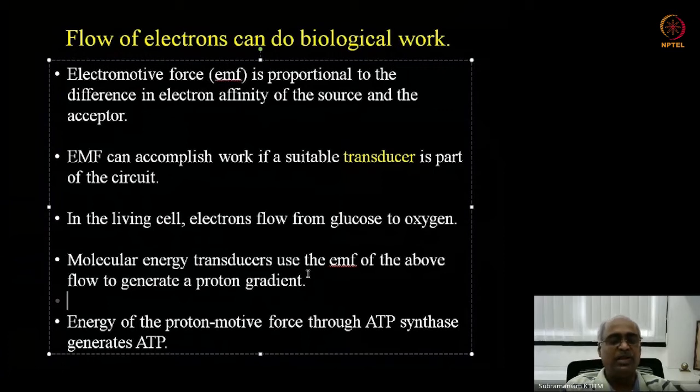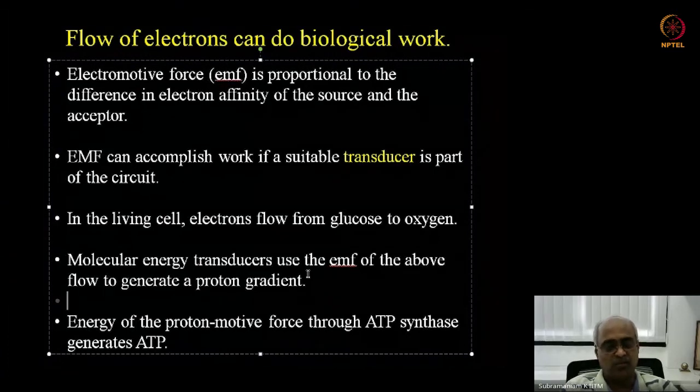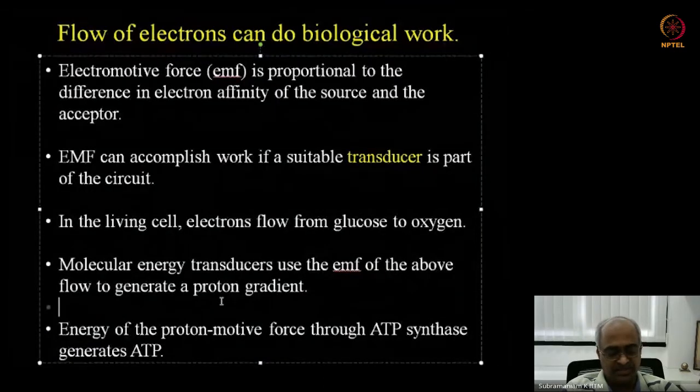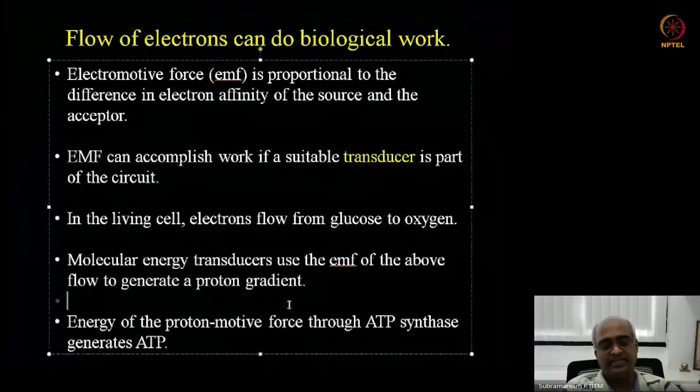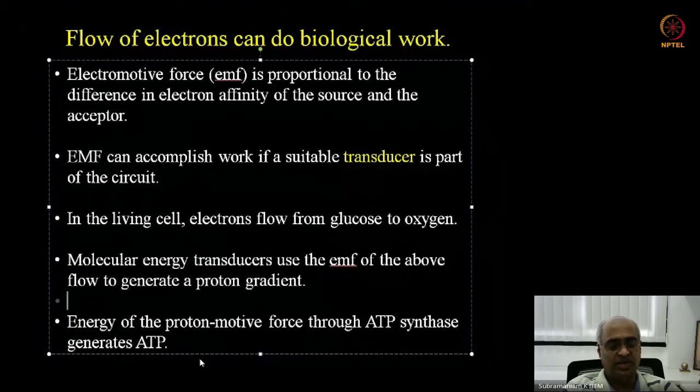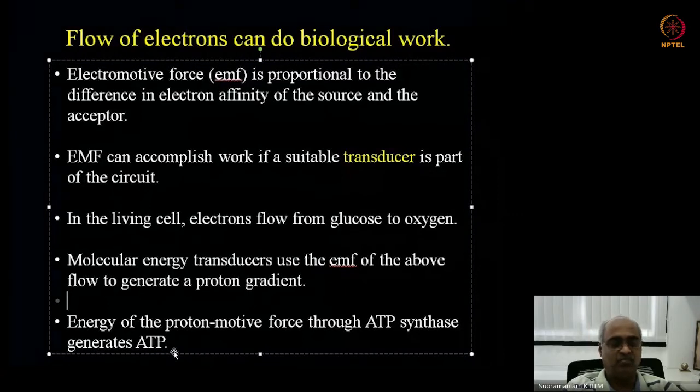So you end up building a proton gradient. Once you create a place where proton concentration is higher than another place, when the protons pass down their concentration gradient, that energy released is used to make ATP. This is how the energy from glucose finally ends up making ATP.